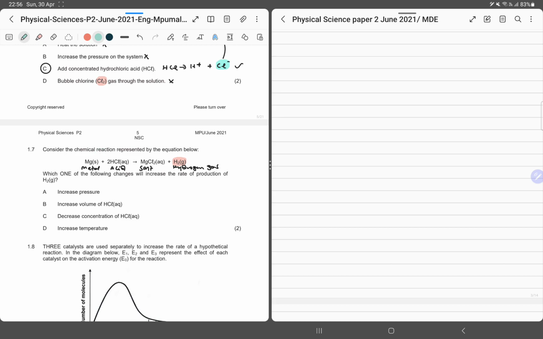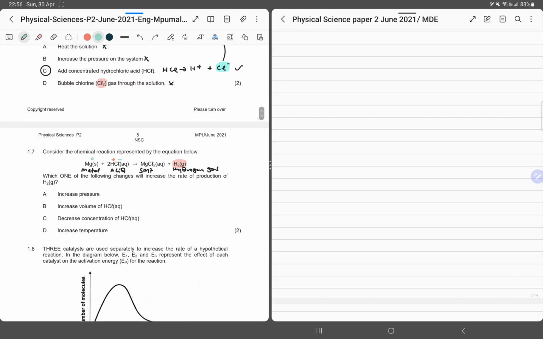Now let's again inspect this chemical equation. What is the oxidation number of magnesium? It's 0 because that is its natural state. But the hydrogen here is a 2 plus, whereas the chlorine here is a 2 minus because of that coefficient of 2, okay?